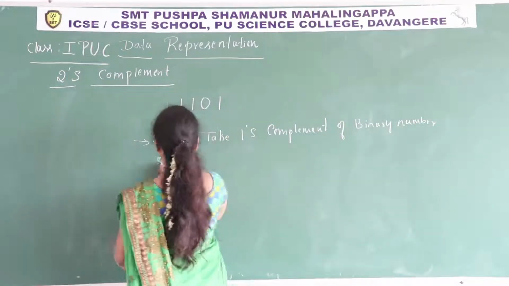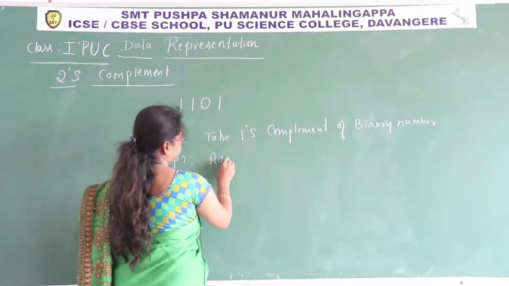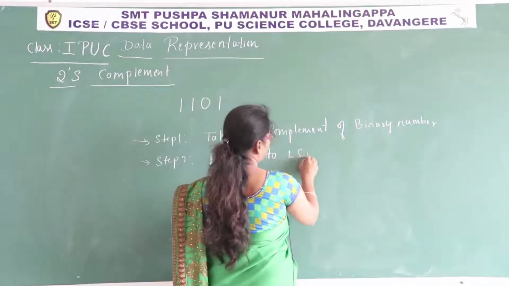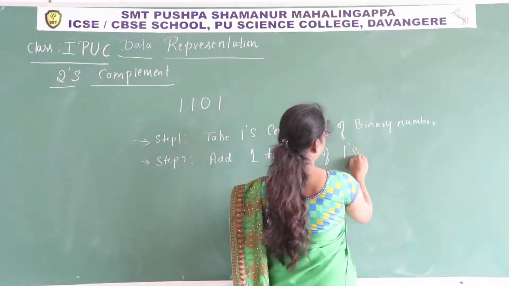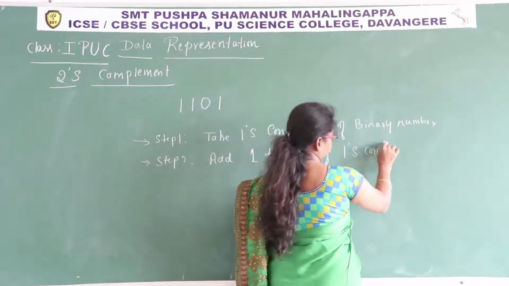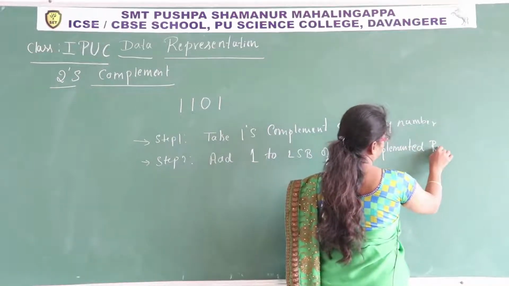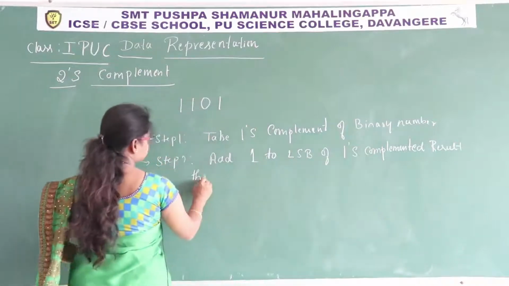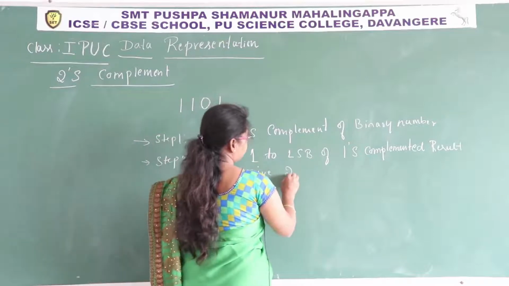Step 2, add 1 to LSB of the ones complemented result. Then it gives two's complement.